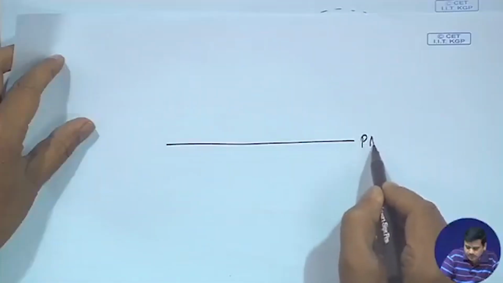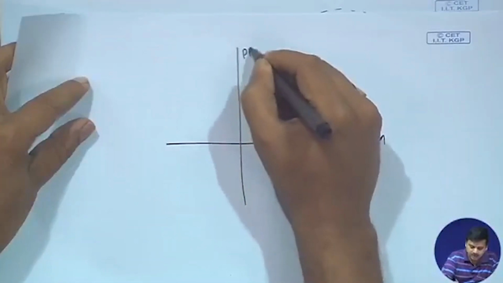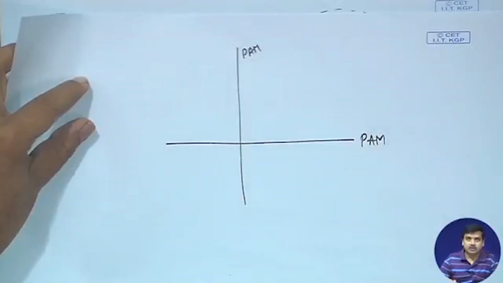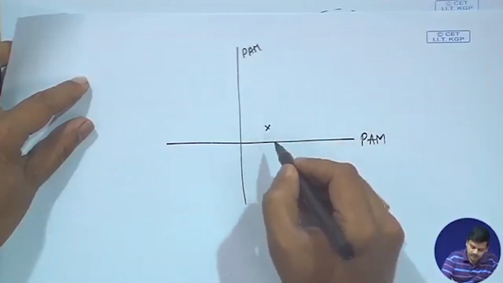And at this point we can remember that when we discussed QAM, we said that QAM can be composed of 2 PAM signals, one along the I axis, one along the Q axis. So, what we had said is that if there is PAM along this axis and there is PAM along this axis, right, then what you have is a QAM.